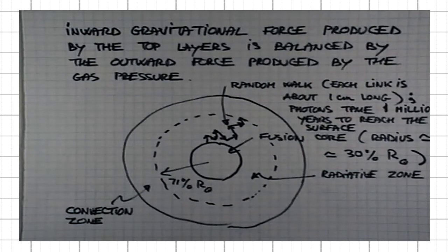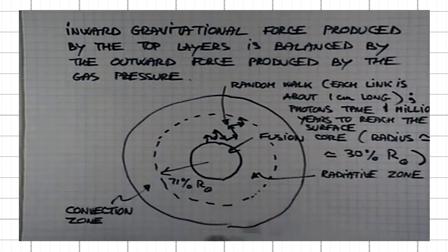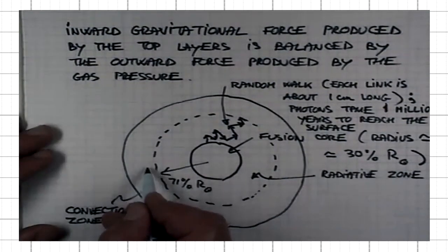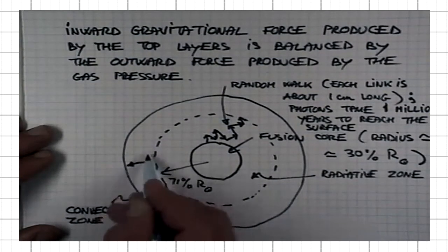What happens there is that hot material in the interior, because it's hot, has lower density, it's light, and the buoyant forces push it to the surface.